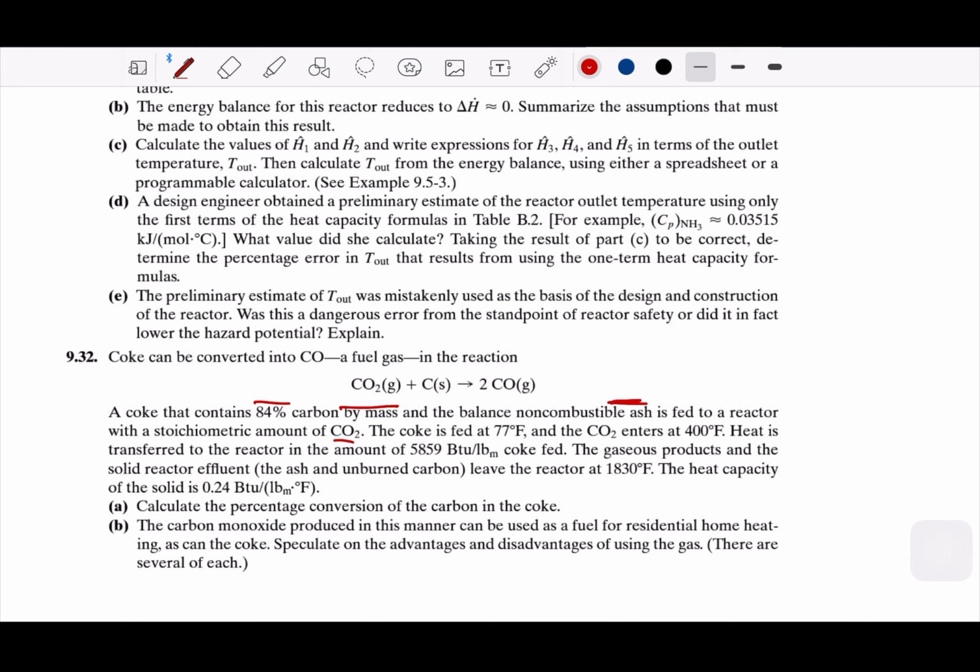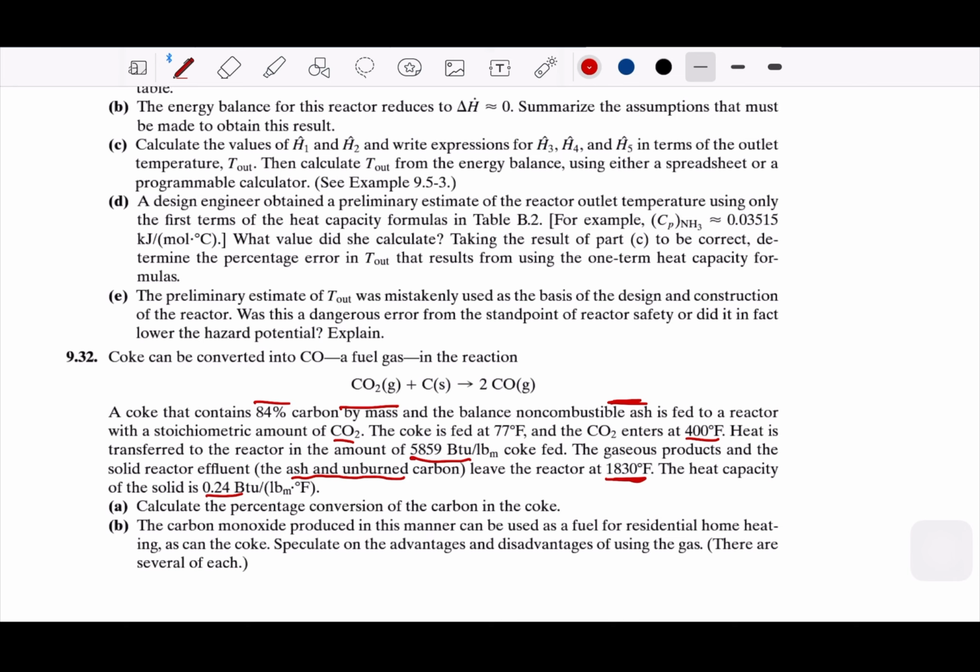The coke is fed at 75 Fahrenheit and carbon dioxide enters at 400 Fahrenheit. Heat is transferred at this amount, and the gaseous product and solid reactor effluent, which is ash and unburned carbon, leave the reactor at this temperature. The heat capacity is given as 0.24.